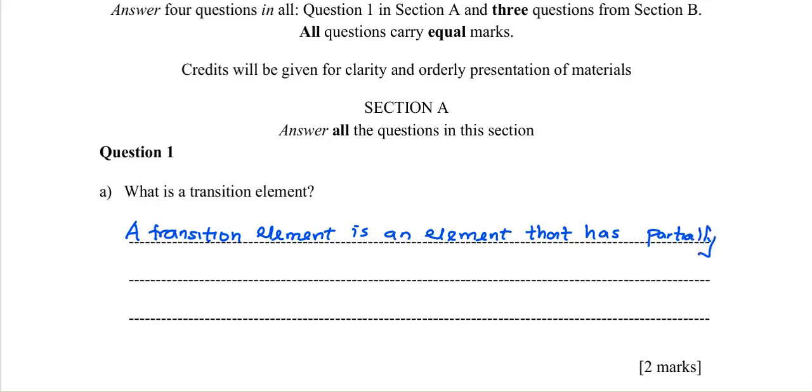If you don't want to use partially filled there, you can use incompletely filled. So partially filled d orbital. An element with partially filled d orbital is called a transition element.